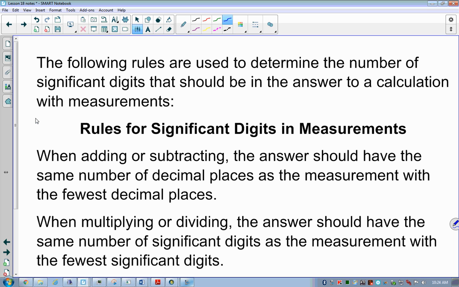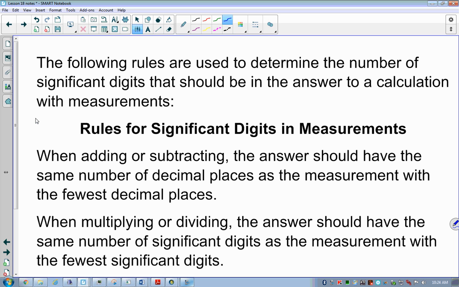Okay? So if I'm taking 1 mile times, and it's just a whole number, times 0.33347, or something like that, I'm going to go with that whole number because that's the least number of significant digits.